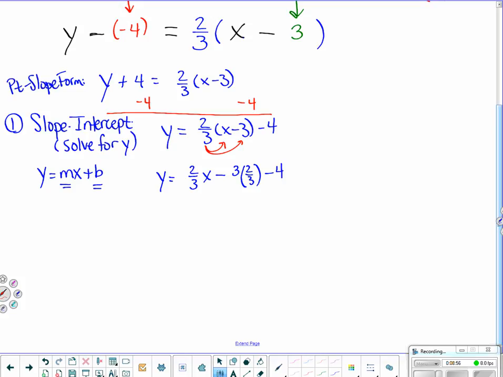Oh, there's a little simplifying we can do here. 3 divides into 3 one time, doesn't it? So update our line, see what we got now. It should look a little bit better, shouldn't it? That turned out to be 2 minus 4. And one last rewrite, and we're going to be sitting in slope-intercept form. The -2 and the -4 come together to make -6. So this is slope-intercept form.